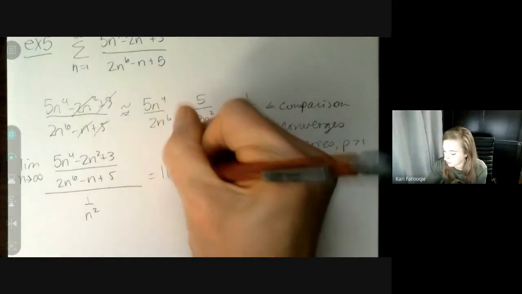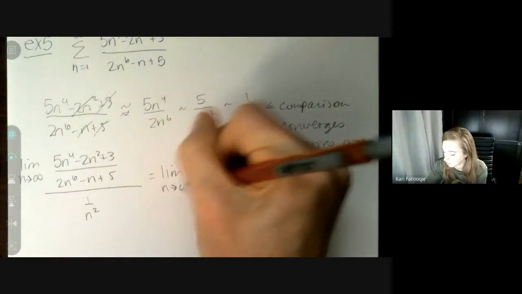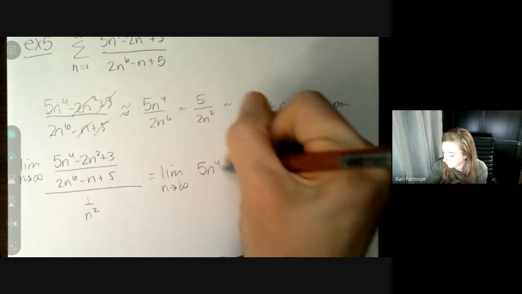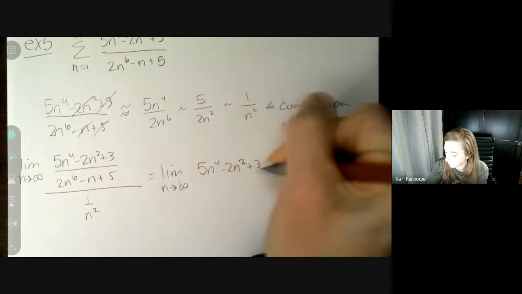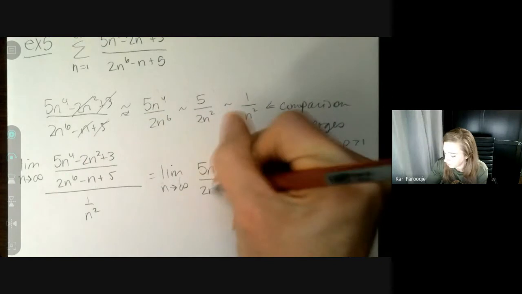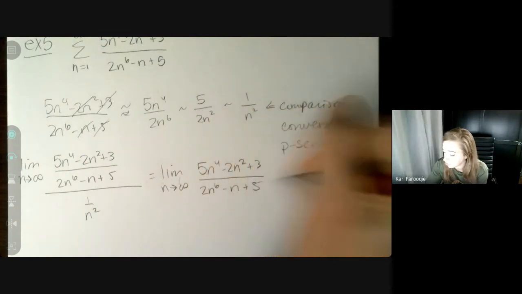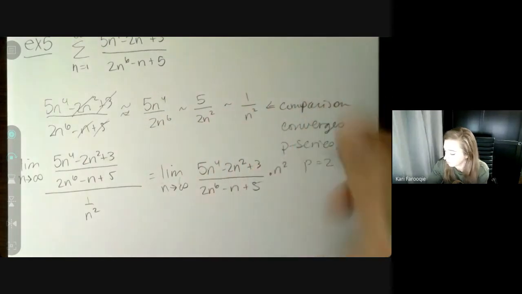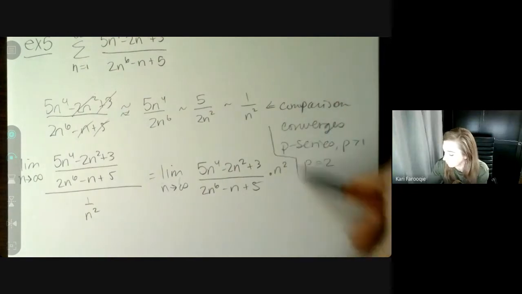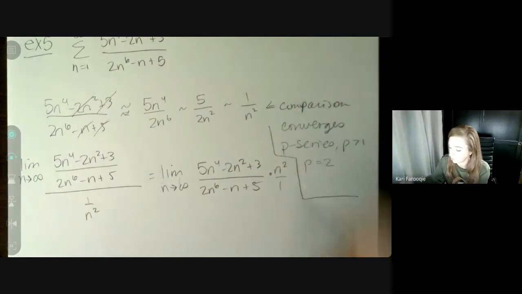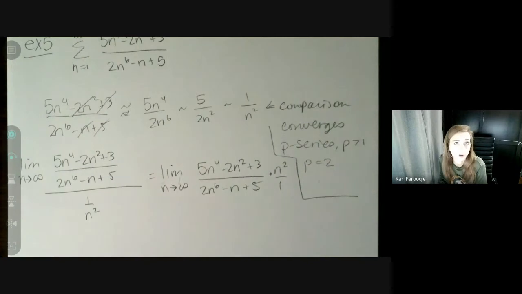If you'd like, you can automatically go to multiplying by the reciprocal. I always write more steps just because I'm the teacher. So we'll just multiply by n squared over 1, which is the same as n squared.